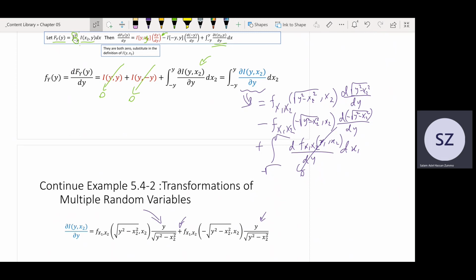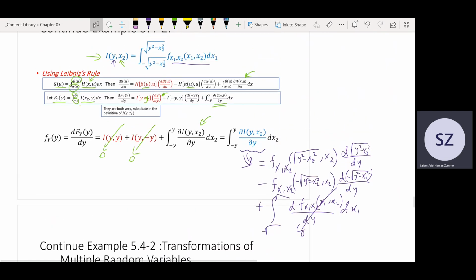This is the original integral. The integral for y basically was this integral dx. So it's the same.